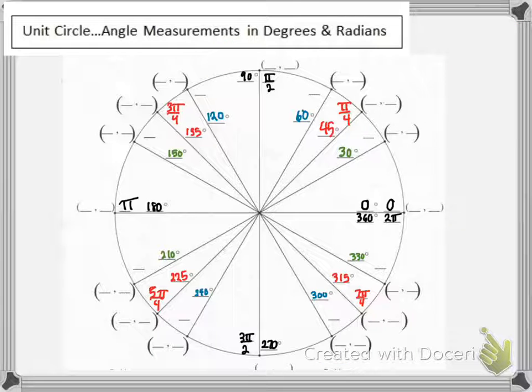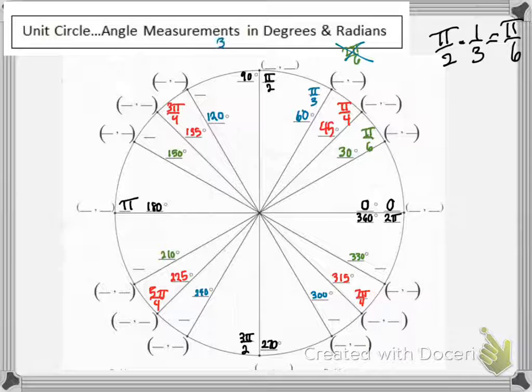So what if I do the same thing that I did with the degrees and say, take my quadrant, which was 90, but now it's pi over 2, and say, what's 1/3 of that space? 1/3 of that space would be pi over 6. So I'm going to start with pi over 6. There's 1/6 of pi. The next one I want to look at is 2/6 of pi, but 2/6 of pi reduces down to pi over 3, so I don't need that.